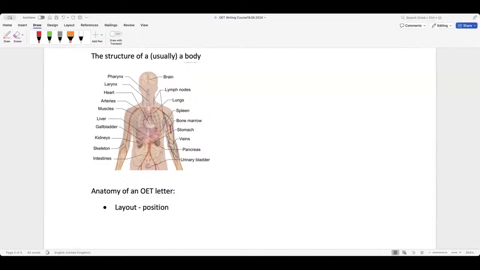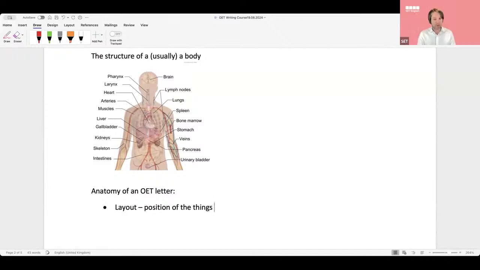Position, there we go. The position of the things, right? So the layout of a human body, brain is here, brain is not here. So it's where do things go? We'll look at that today. We'll look at exactly where the address goes, the position of the address, the position of the date, the RE line, all of that stuff.